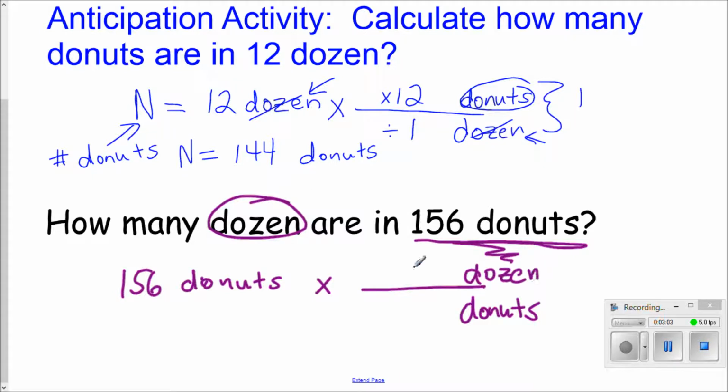We have to put numbers in here that make sense, a ratio that makes sense. We know for every 1 dozen there are 12 donuts. So this will give us the amount of dozen. When we calculate this out, 156 times 1 is 156, divided by 12 is 13. If we look at our units, the units on top and on the bottom always cancel.